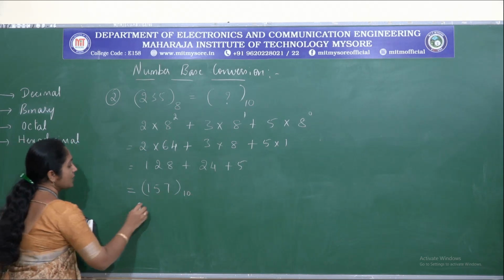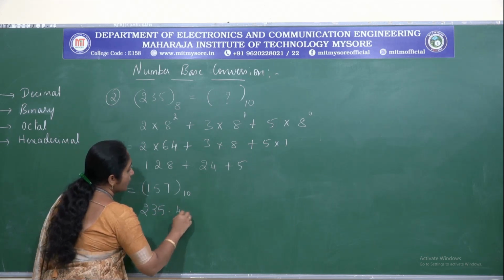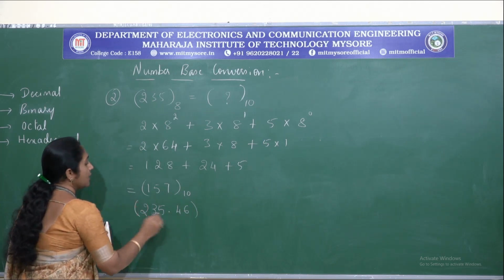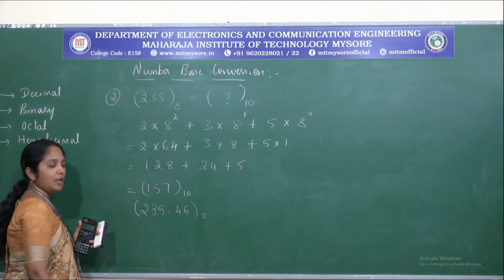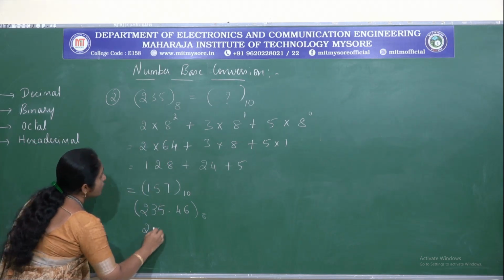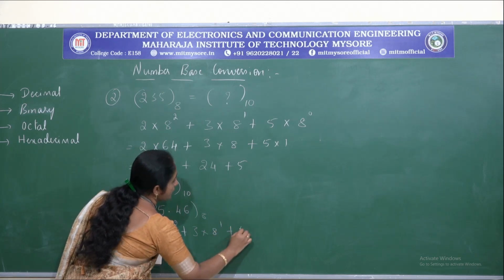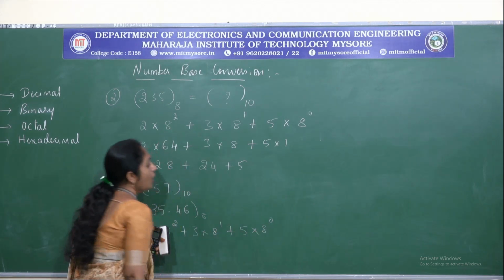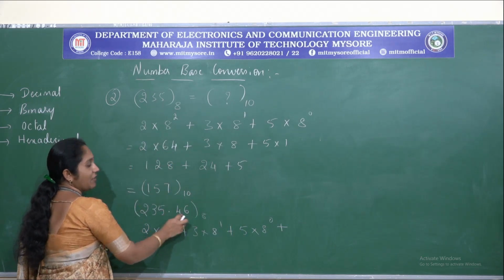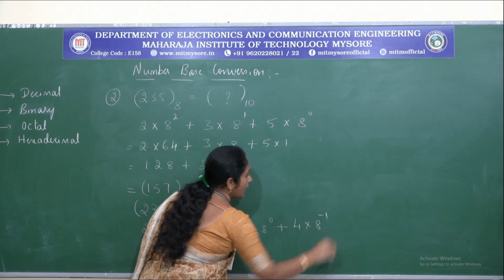If you consider the fractional part, let us retain the number as it is. Let me consider the fractional part as 46. So this is the given number in the octal number system, and we need to expand in a similar way. So 2 into 8 power 2 plus 3 into 8 power 1 plus 5 into 8 power 0. After the decimal point, we just need to express the powers in negative.